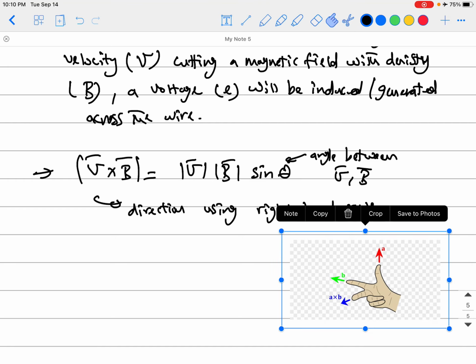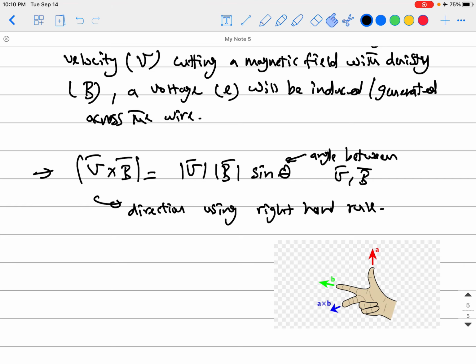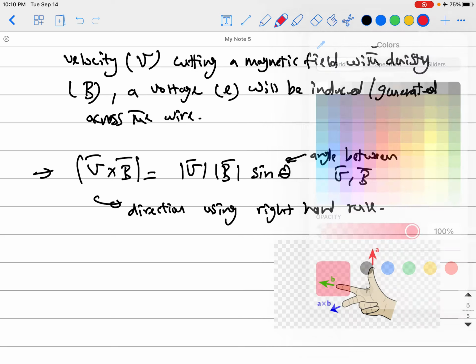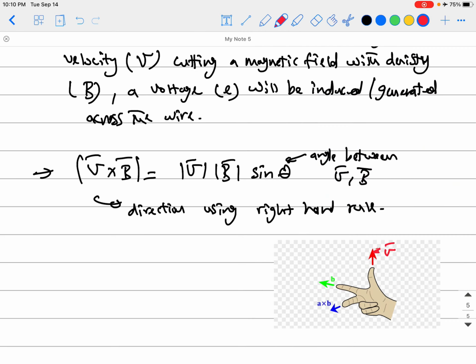The thumb goes with the first vector, which here is V, the velocity vector, and the index finger goes with the second vector, which is B. Then you can find the V cross B direction in the middle finger direction.